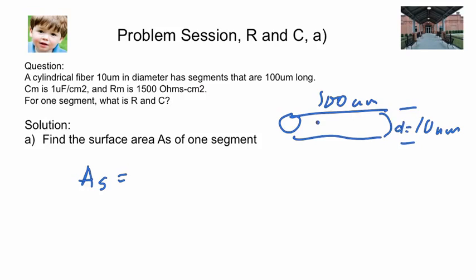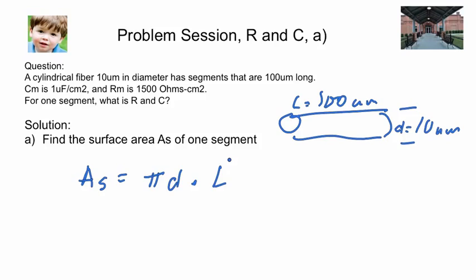Call that D, and I'll call this length L, just to be able to represent them symbolically. The surface area will be the circumference, so that'll be pi times the diameter, and then to get the area, we'll multiply it times the length. So surface area is pi times the diameter times the length.